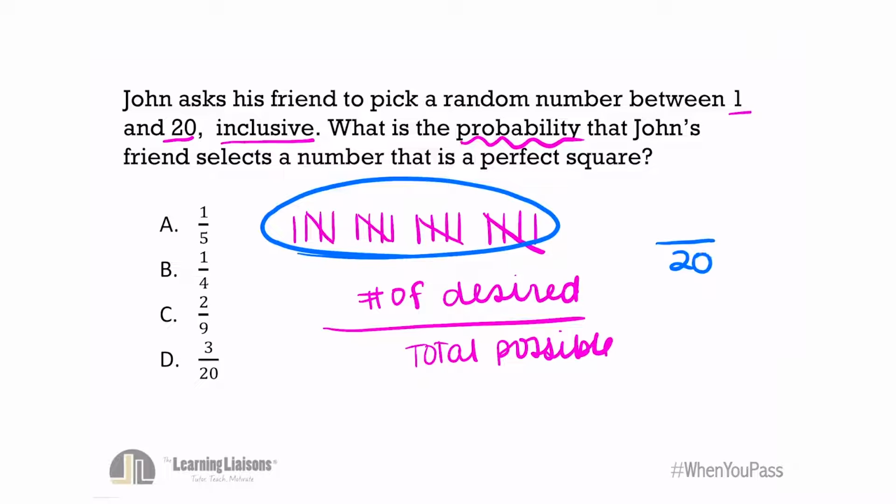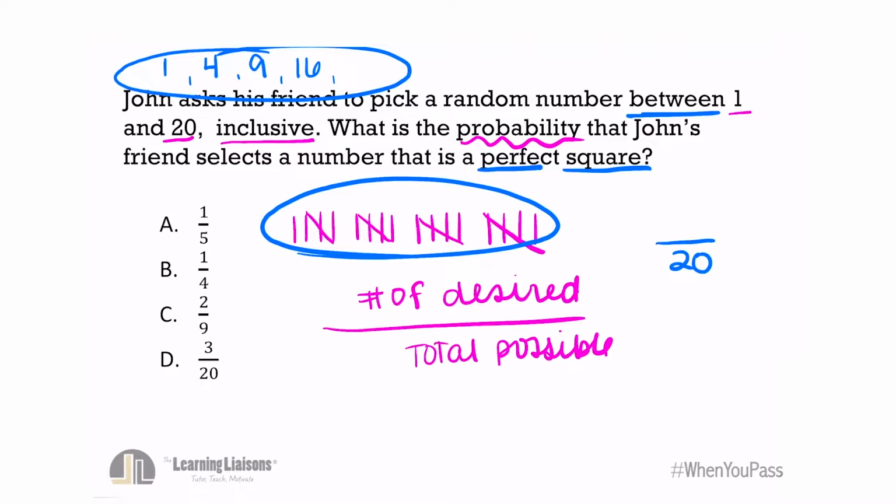Now, the desired outcomes are perfect squares. So 1 times 1 is 1, 2 times 2 is 4, 3 times 3 is 9, 4 times 4 is 16, 5 times 5 is 25, and that's not between 1 and 20. So we have 4 desired outcomes. So our answer is 4 over 20.